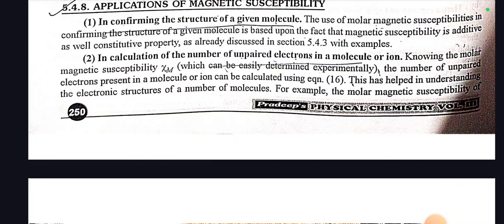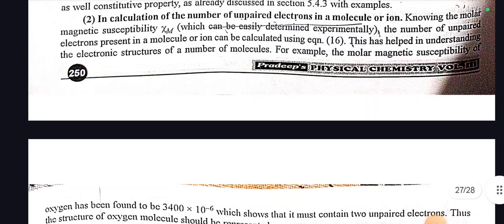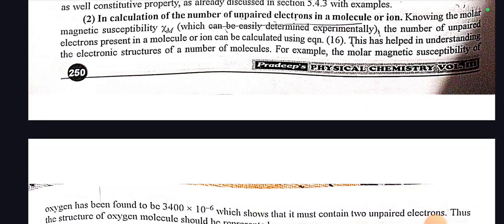Knowing the molar magnetic susceptibility, the number of unpaired electrons present in a molecule or ion can be calculated using the equation. This has helped in understanding the electronic structure of a number of molecules.